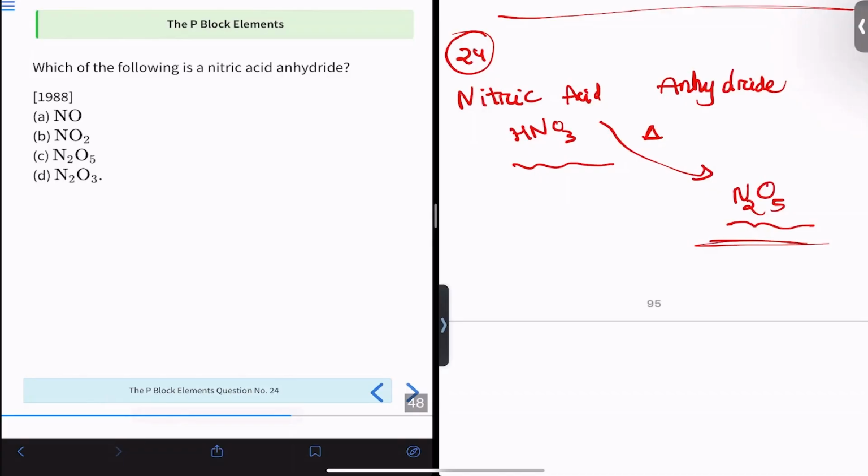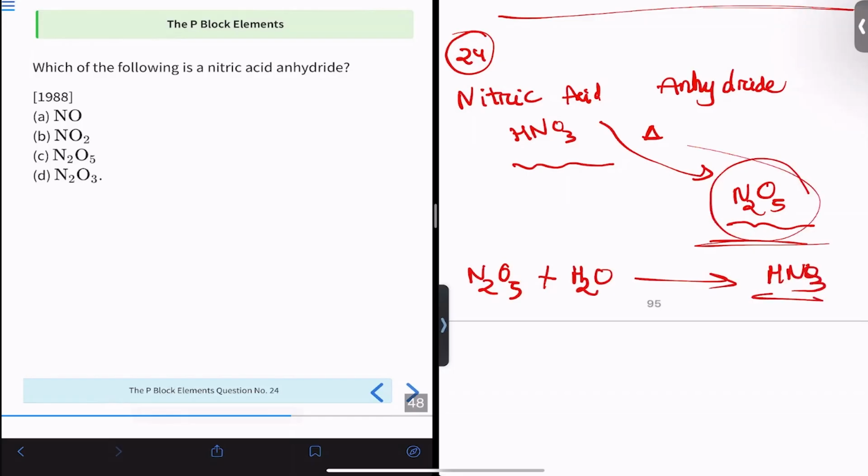The other way around, it can also be said that the compound which, when reacted with water, will give rise to HNO3 is again the same compound, N2O5. N2O5, if reacted with water, will give rise to HNO3. So you understood what anhydride means?